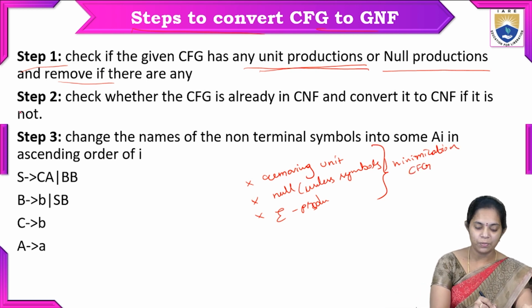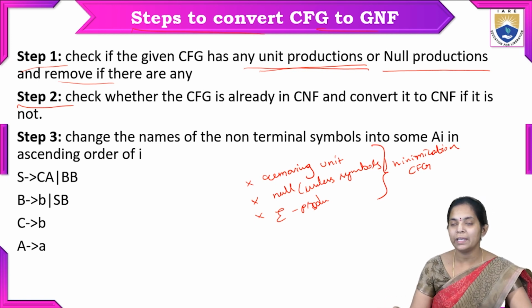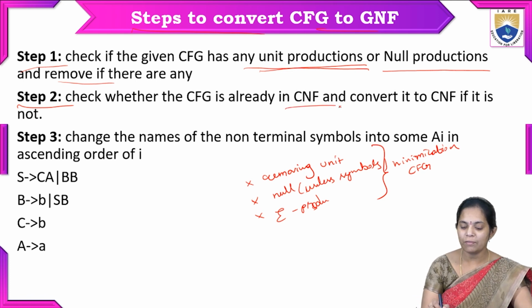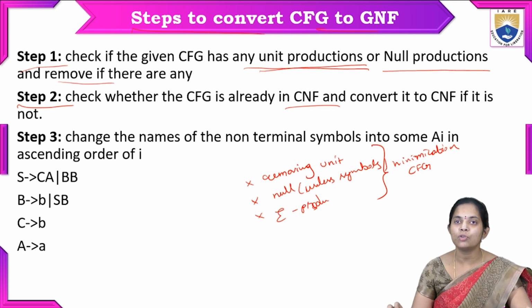And second step, check whether the CFG is already in CNF and convert it to a CNF if it is not. So CNF refers to Chomsky normal form. In the previous video, we discussed the conversion of context-free grammar to a Chomsky normal form.